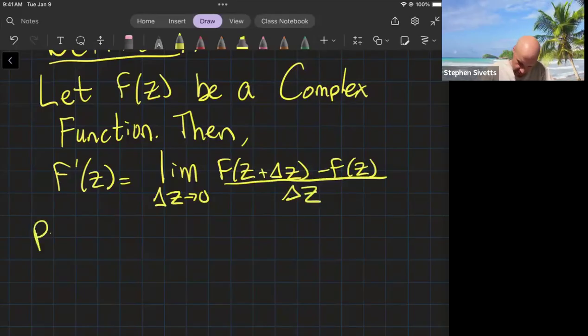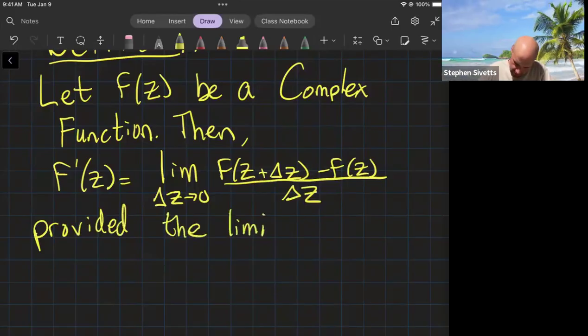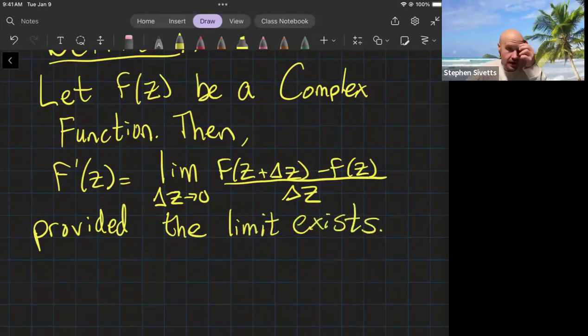And this is provided that the limit exists.